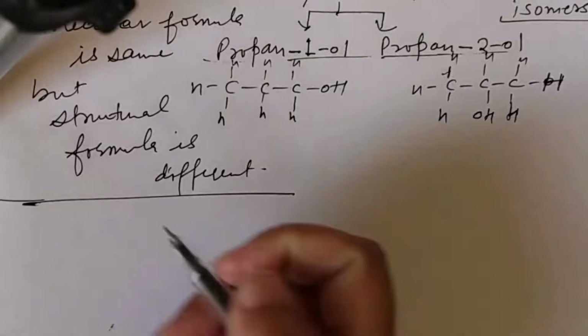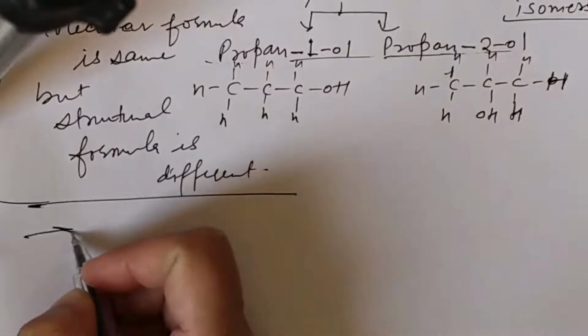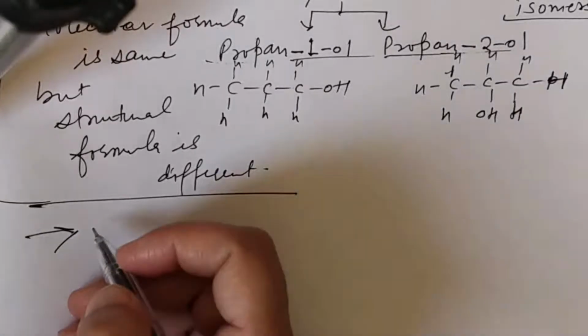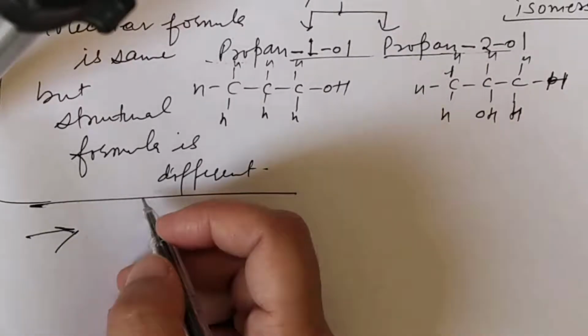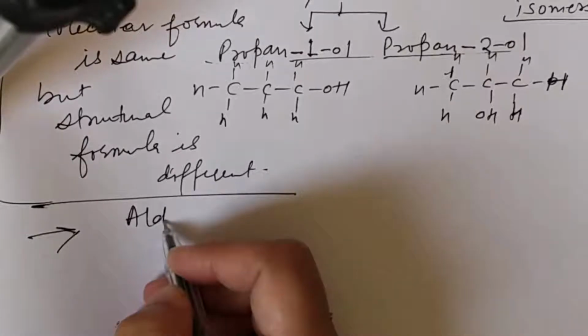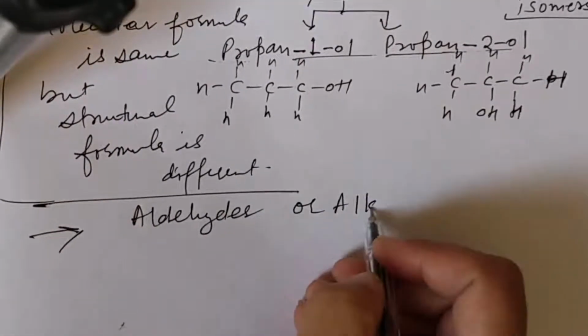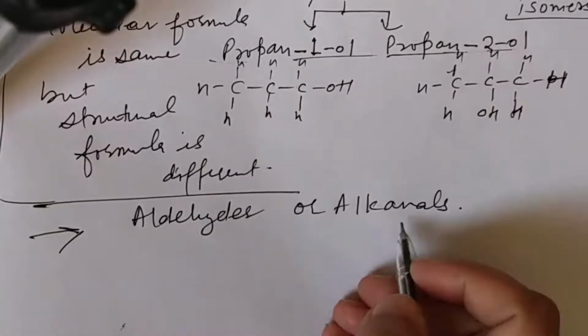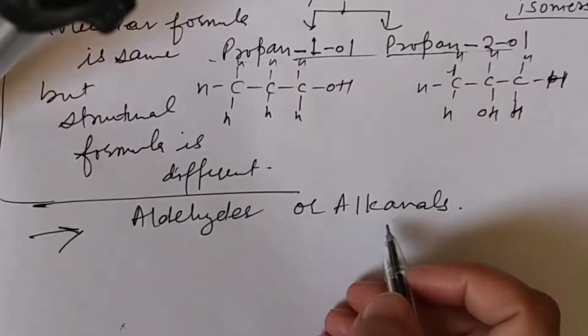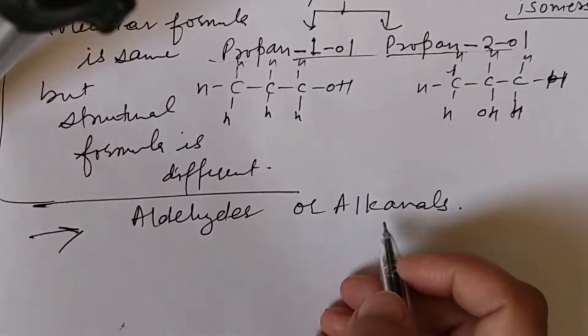The next functional group we are going to discuss is aldehydes. Aldehydes or alkanals. What are they? Alkanals, like alcohols, which have the general chemical name alkanols.